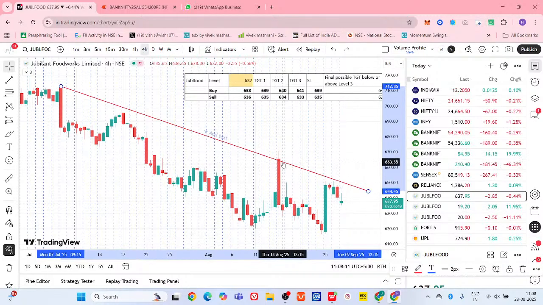But what happened? It opened at 665. Correct? You can see this candle, 665. And then what happened? Selling. So you have to be very careful in this trading.